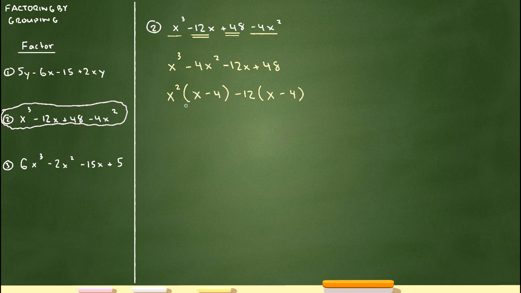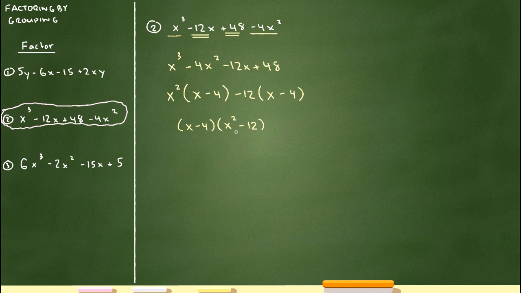We have x squared times a binomial, and then minus 12 times this binomial here. All right, so just one coherent statement. And once we get to this point, you could realize, okay, I have the same binomial, so I'm going to go ahead and write down that binomial, x minus 4, and what's in parentheses next to it should be x squared minus 12.